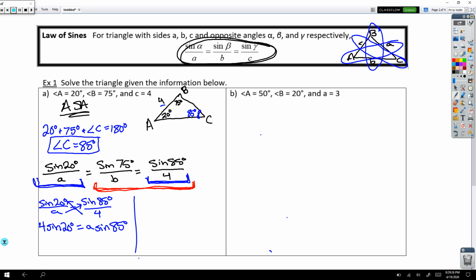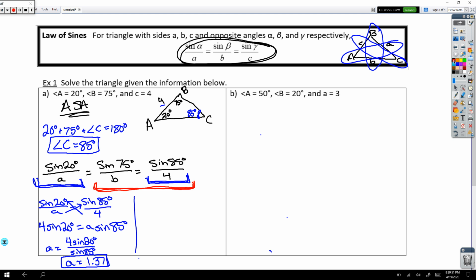Dividing both sides by sine of 85, I would get A equals 4 sine of 20 degrees all over sine of 85 degrees, which would leave me with A equaling 1.37. Now again, there's no units here, so I don't have to include those.